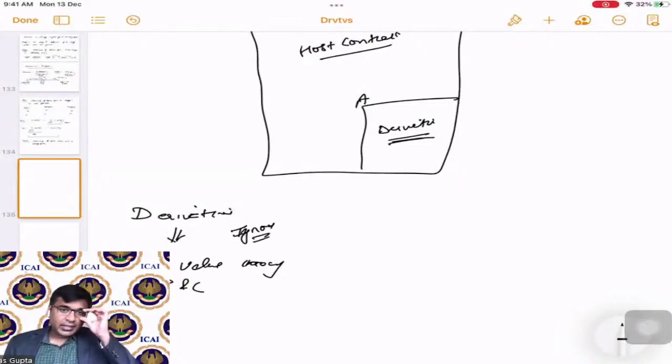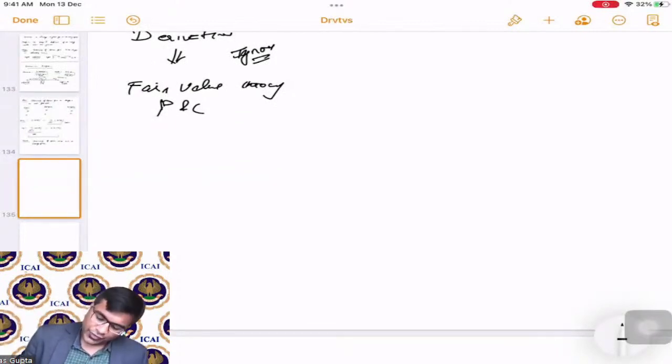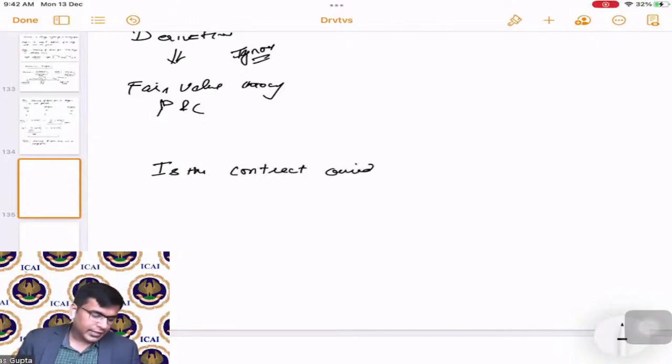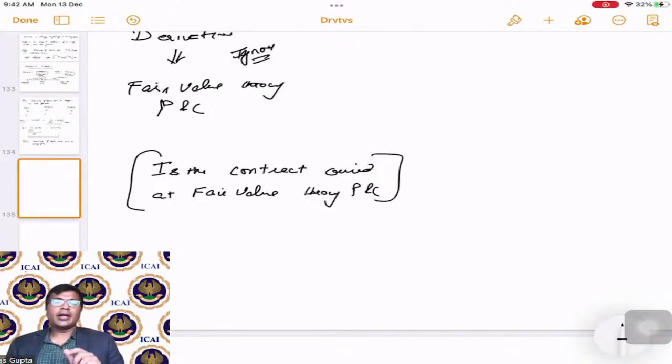Now, to make sure we are not ignoring this, we have to run through this test. First of all, we have to see, we are talking about the host contract here, correct? Is the contract carried at fair value through P&L?